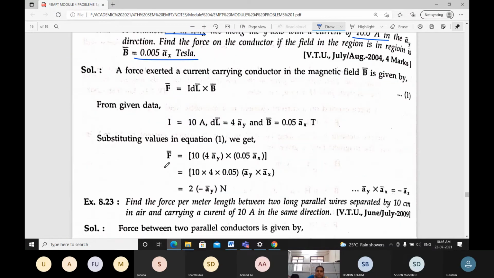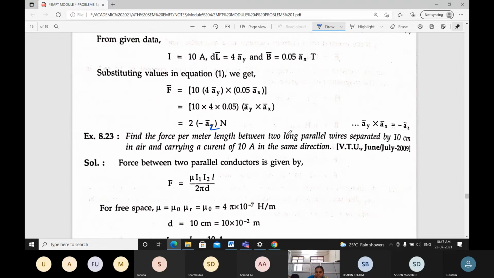Substituting in the equation, AY cross AX is what? You will get minus AZ. F is going to be 10 cross with 4 into cross with 0.05, AY cross AX we will get as minus AZ.